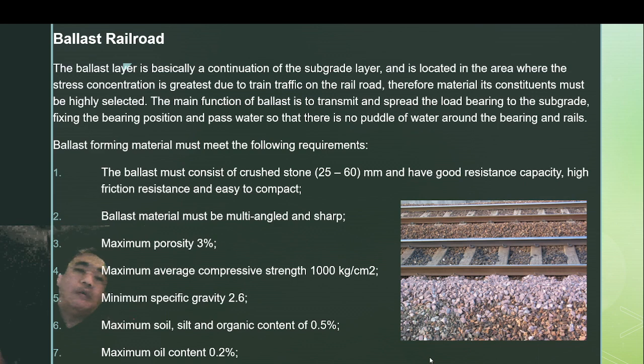For ballast railroad, we use two materials. The first is granular.